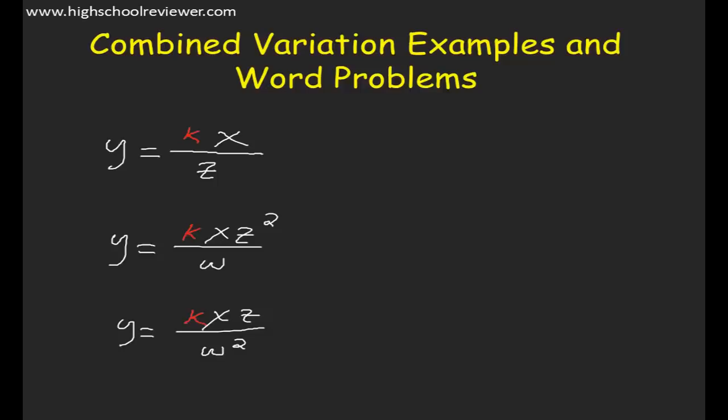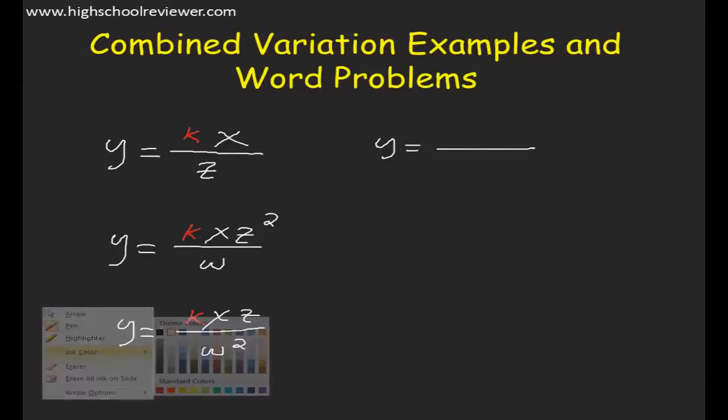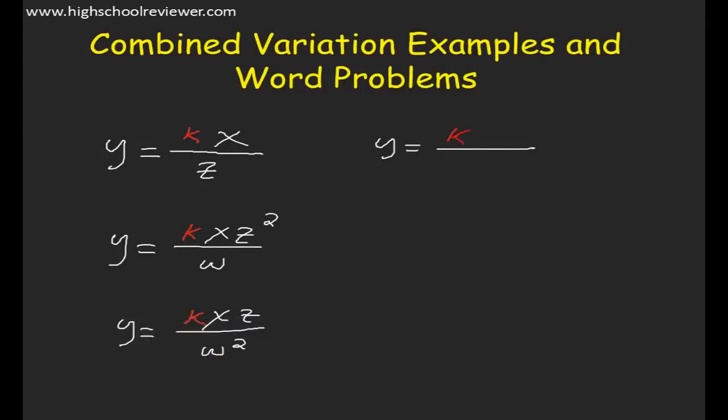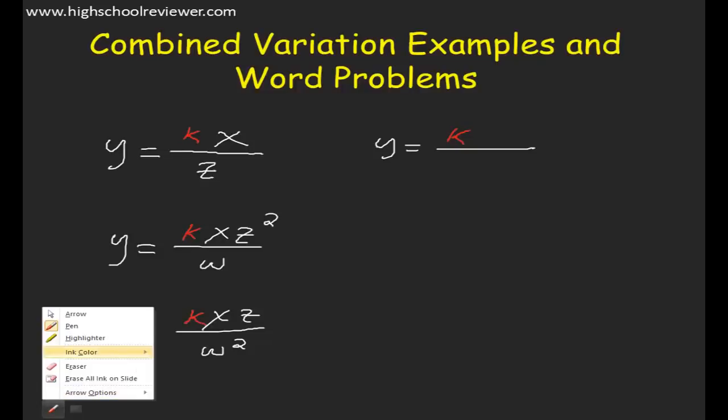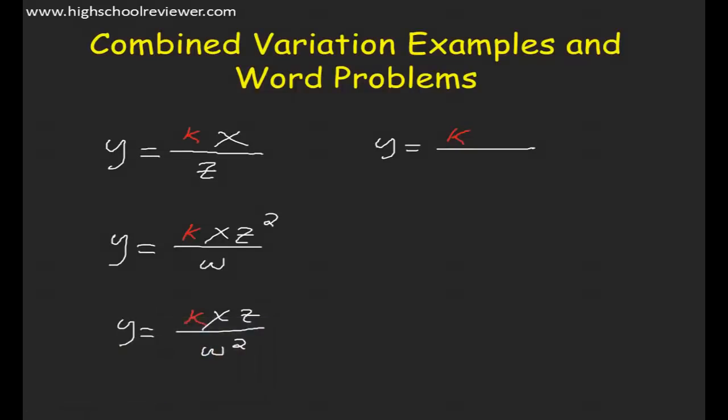And the last example, y will be equal to the constant of variation, again represented by the letter k, and k will be multiplied by the square of x and divided by z times w.